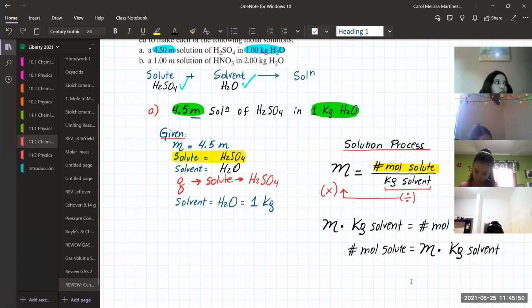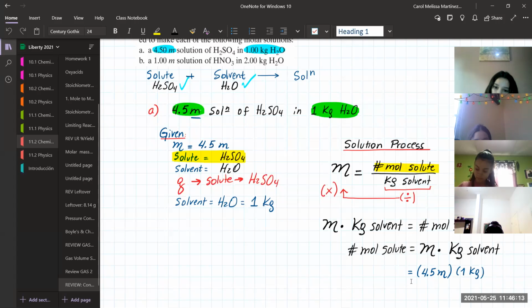So right now, all I do is substitute the givens. I have my molal concentration, that is 4.5 m, and I have the kilograms of solvent, water, that is 1 kilogram.